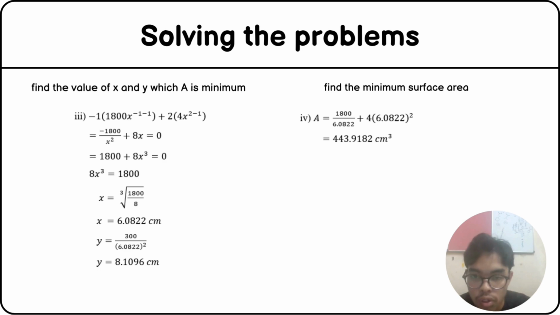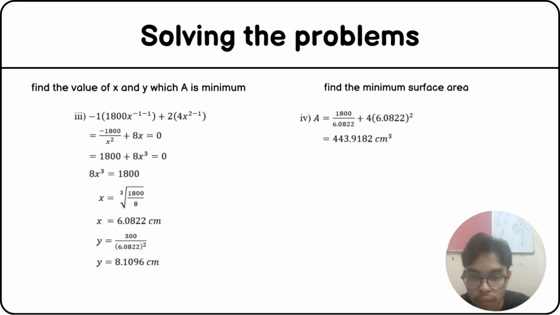Then we proceed, and the answer is minus 1800 plus 8x to the power of 3 equal to 0. We bring the number to the other side, so 8x to the power of 3 equals 1800. So we can find x, which is x equal to the cube root of 1800 over 8.